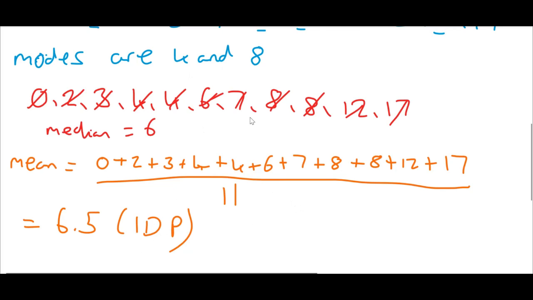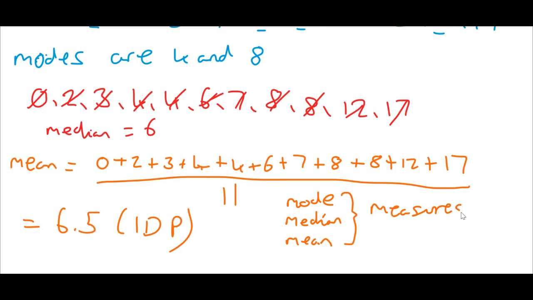So the key takeaways from this video are that mode, median, and mean are measures of central tendency.